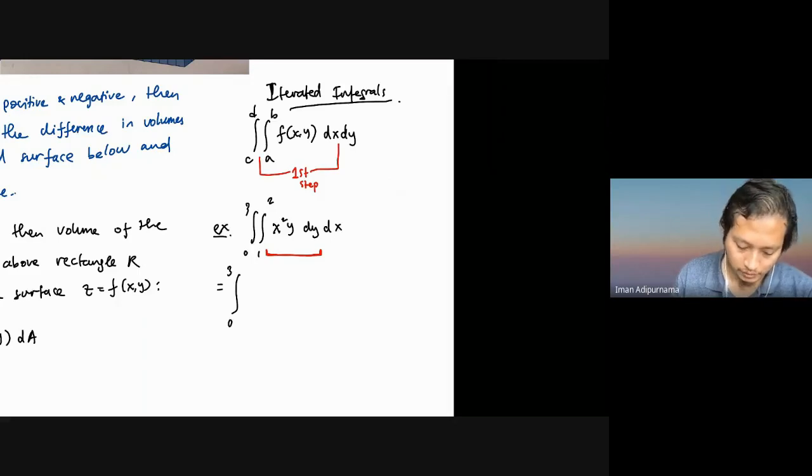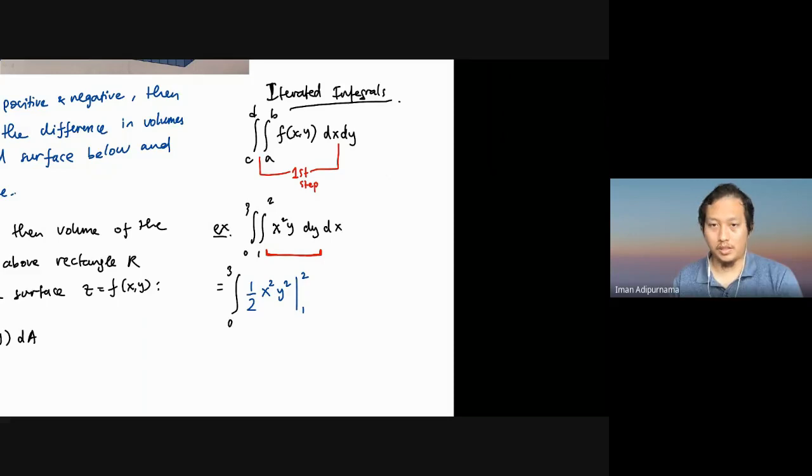So you can write half, and then x squared, and then y squared, evaluated from 1 to 2 and calculated later, and then you still have the x.